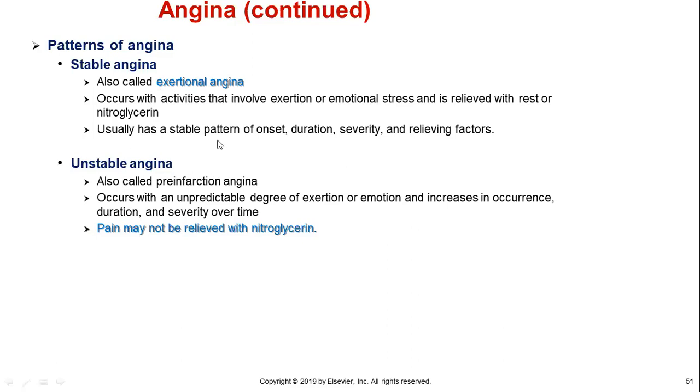But unstable angina, the pain may not be relieved with rest. Pain is not relieved even after taking nitroglycerin. So unstable angina occurs with exercise or at rest, with an increase in duration, occurrence, or severity over time.